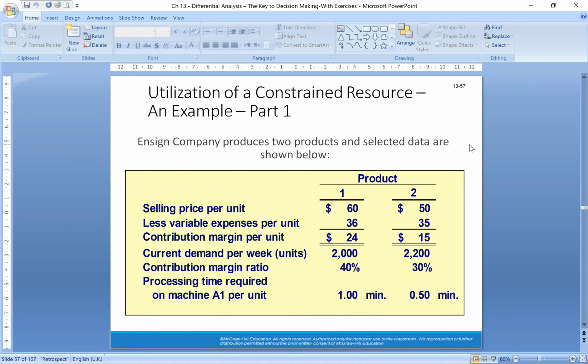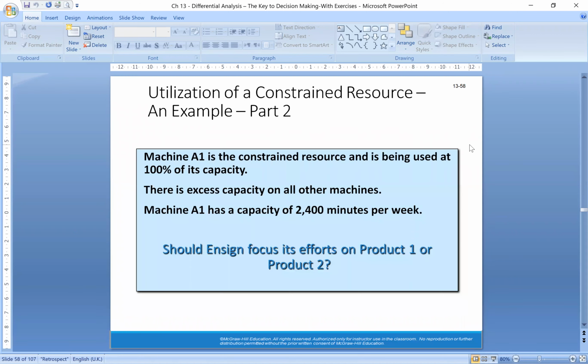Referring to the contribution margin per unit, it is not accurate to choose the product with the bigger contribution margin, because the time needed for each product is different.